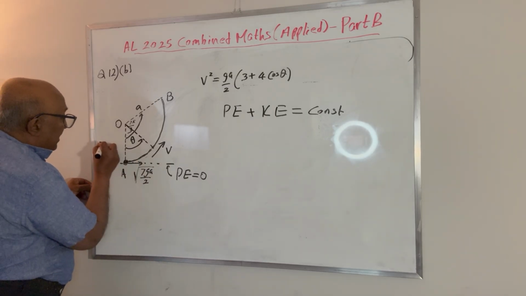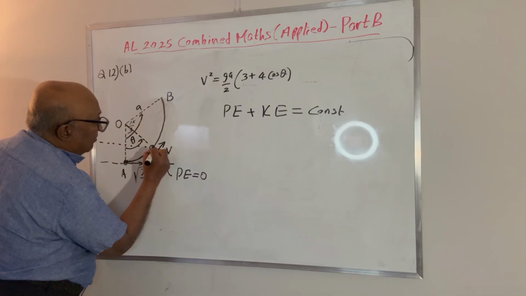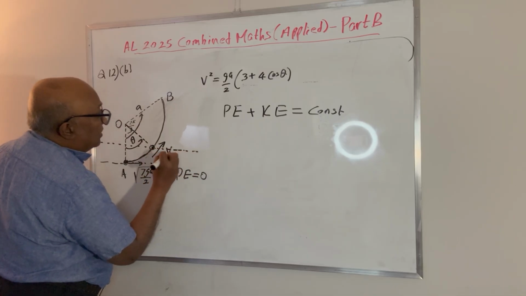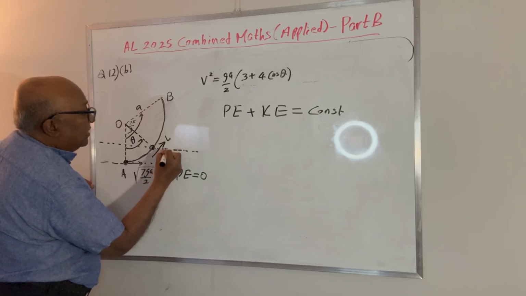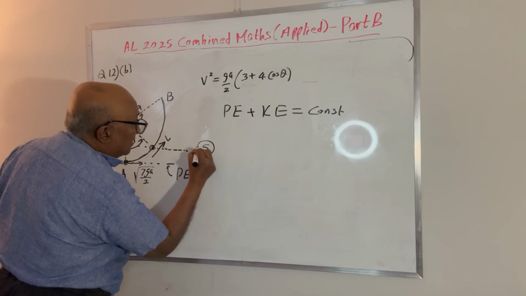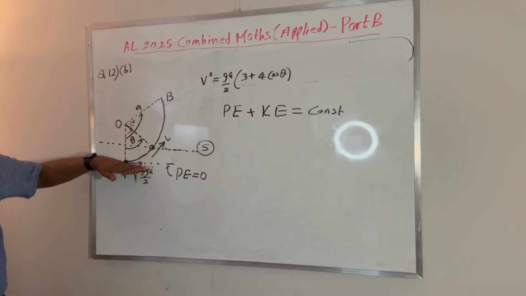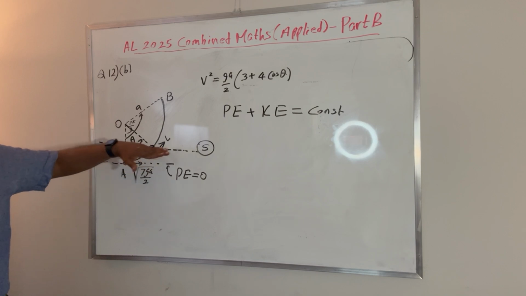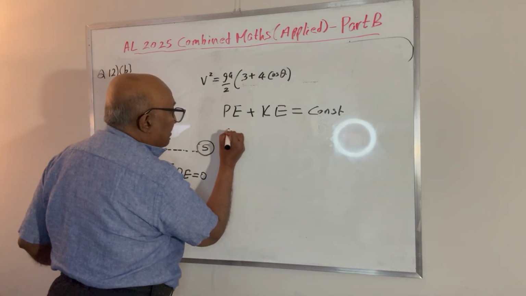Then let's take another level, that is this particle's current position. I mark the velocity here again. Let's say this is the current position, S. This is the initial position, the zero potential energy position. Let's apply the energy principle.